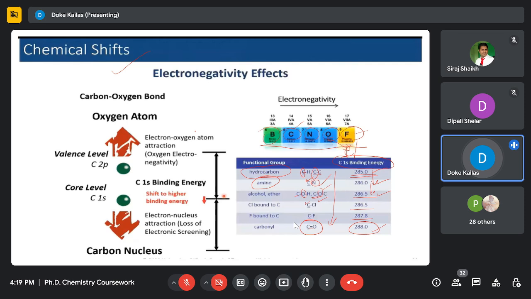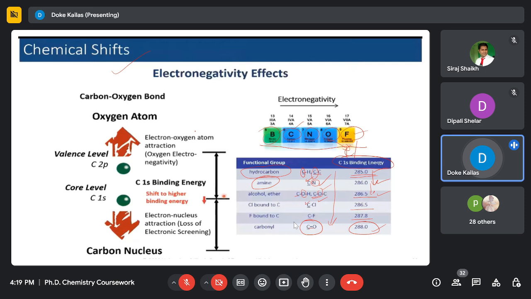This shifts the binding energy from 285 to 287 to 289, which is called the chemical shift in X-ray photoelectron spectroscopy. Okay, now maybe the next slide. The next to next slide is your question's answer.